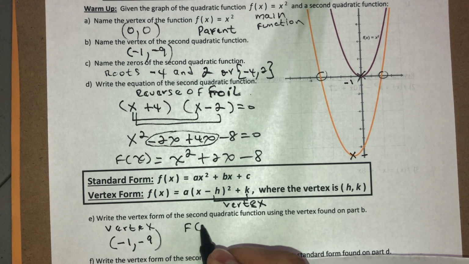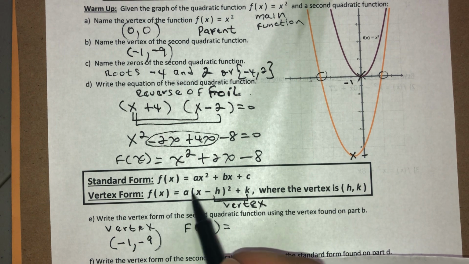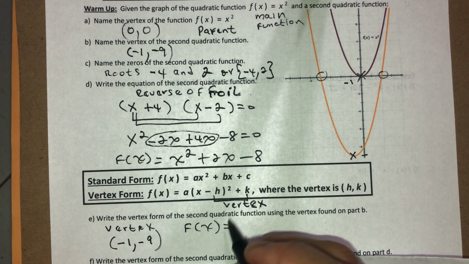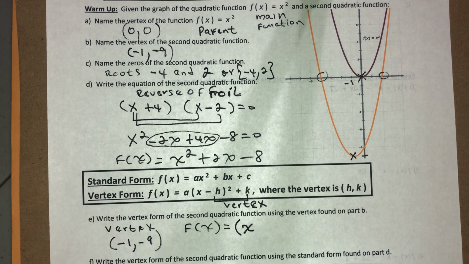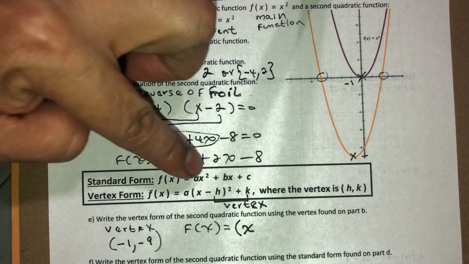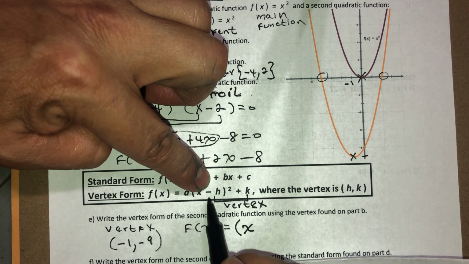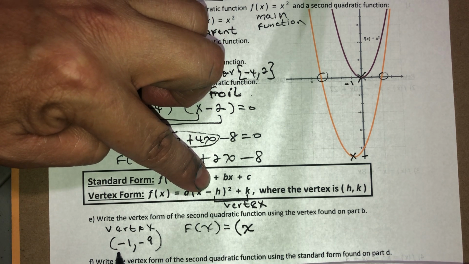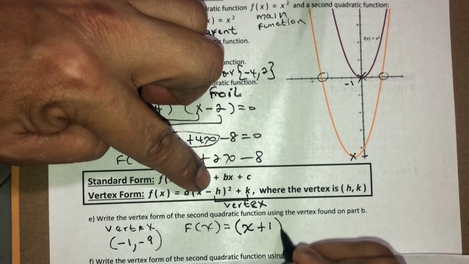I will start with f of x equals. Remember, the value of a here is always 1, because so far we don't have any number in front. I'm going to open my parentheses, x. Now remember, guys, because my formula here is minus h, and the value here is negative, that means my h value is going to become positive.